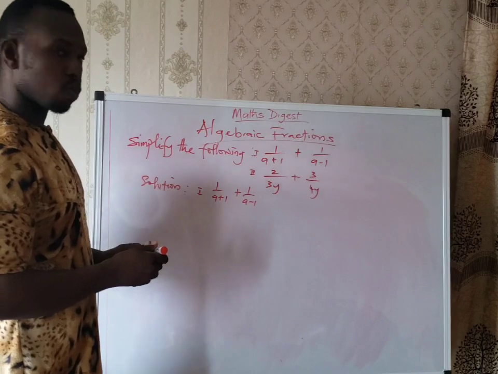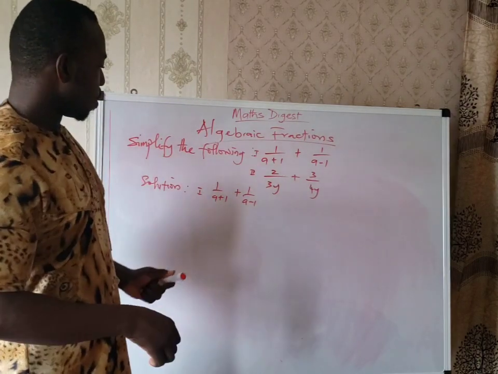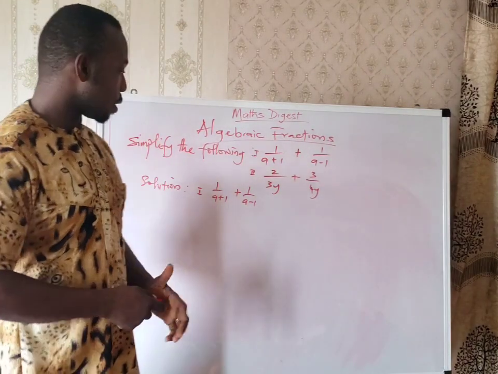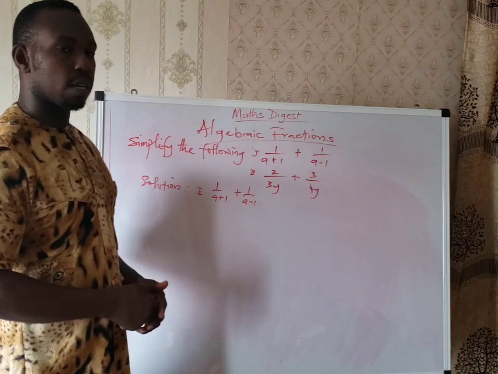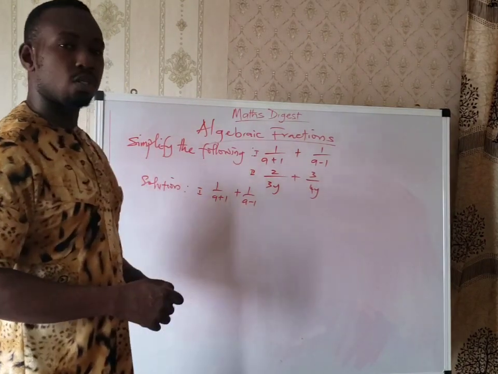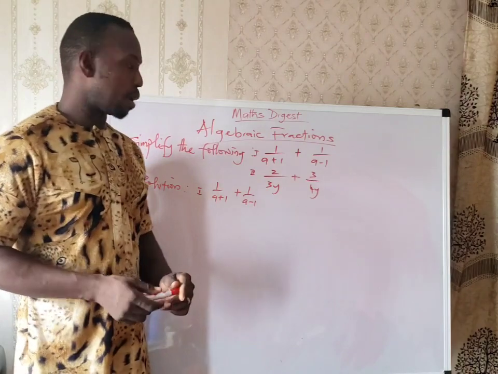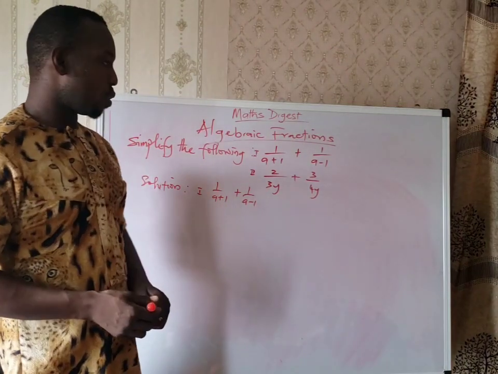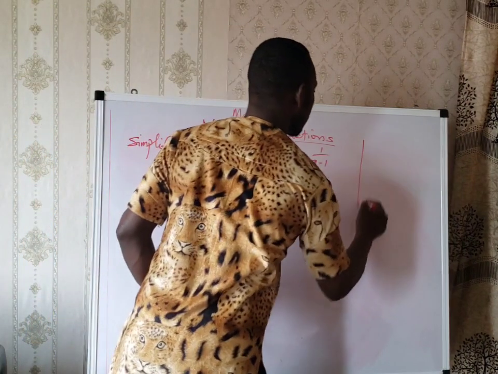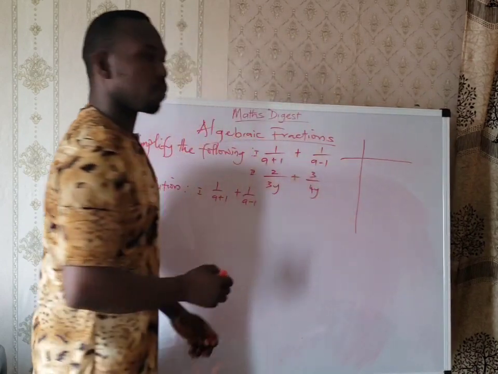Okay, so quickly what we do is this. We're going to find the LCM of the denominators. Now remember what I taught us in the last class. When you talk about LCM, what you simply do is take it to a table.